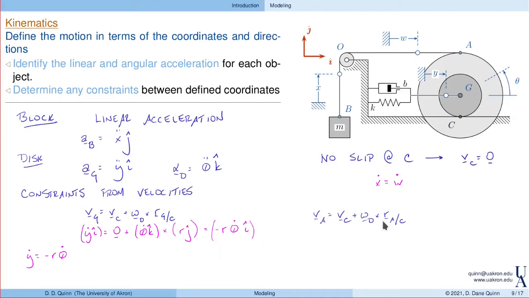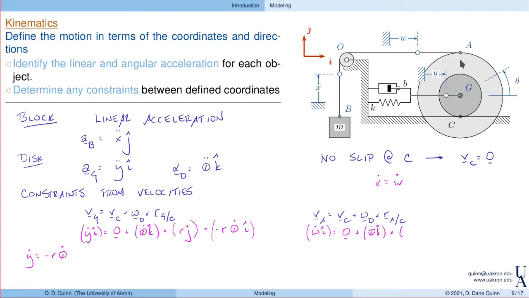Just like before, I'm going to express each one of these terms in terms of coordinates that we have identified previously. So the velocity of A is w dot in the I direction. Velocity of C, again, is 0. Theta dot k is the angular velocity of the disk.